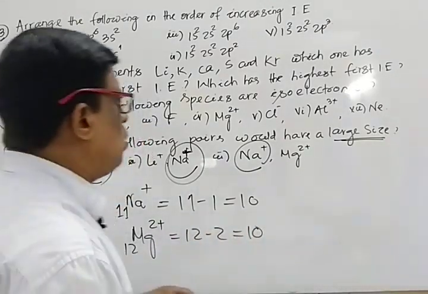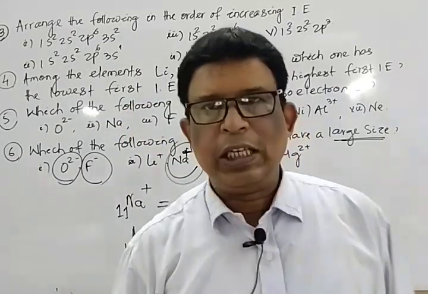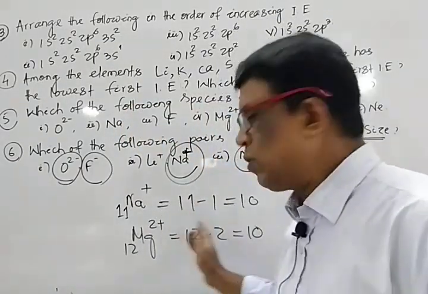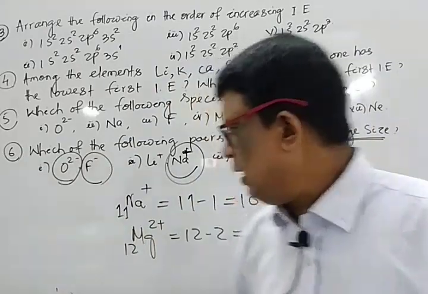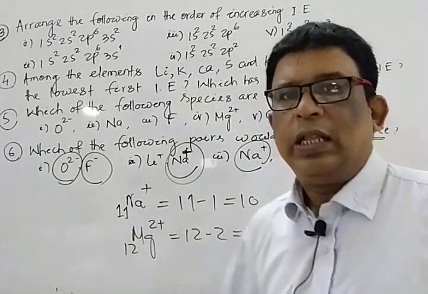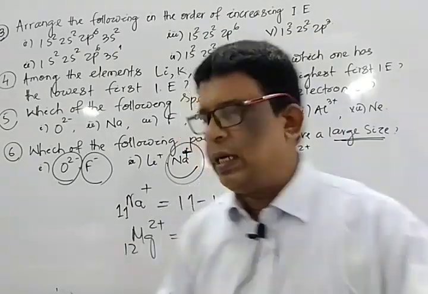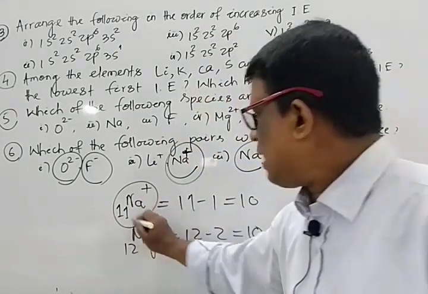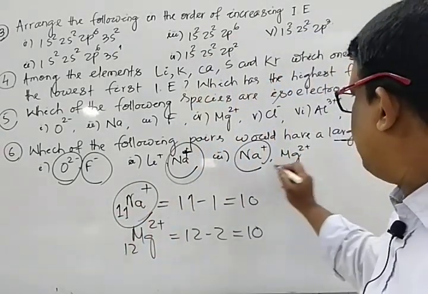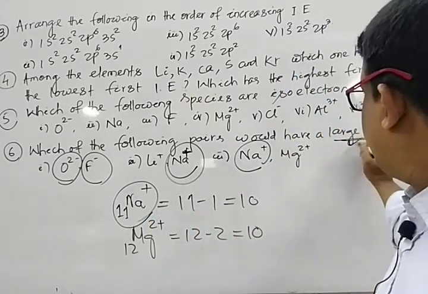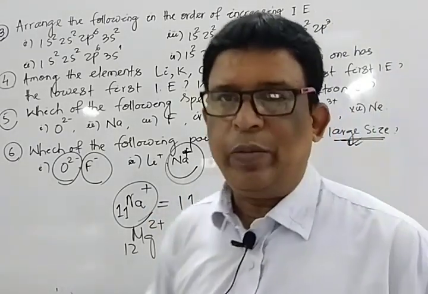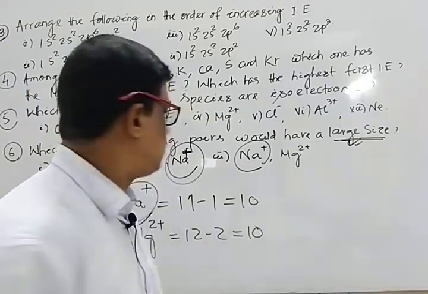It is also known as isoelectronic species. So the number of electrons is the same, the number of shells is the same. The concept is the lower the atomic number, the higher the atomic size. So in this case, as the atomic number of sodium is 11, the lower one, it possesses larger atomic size. Move to the next question.